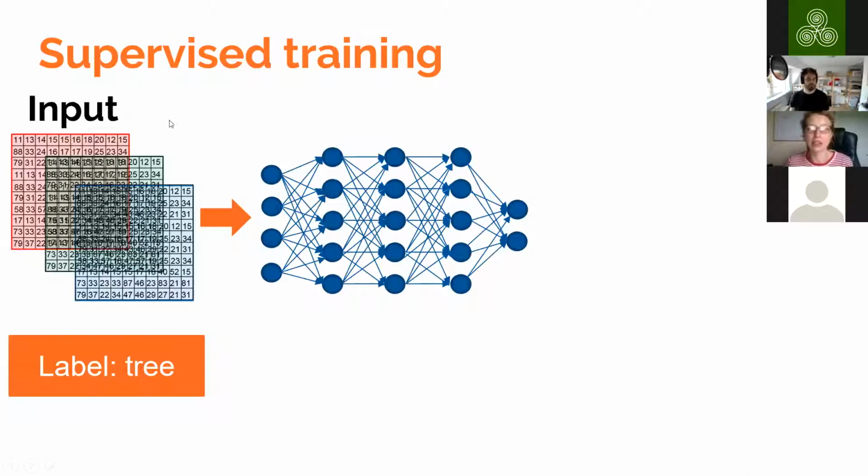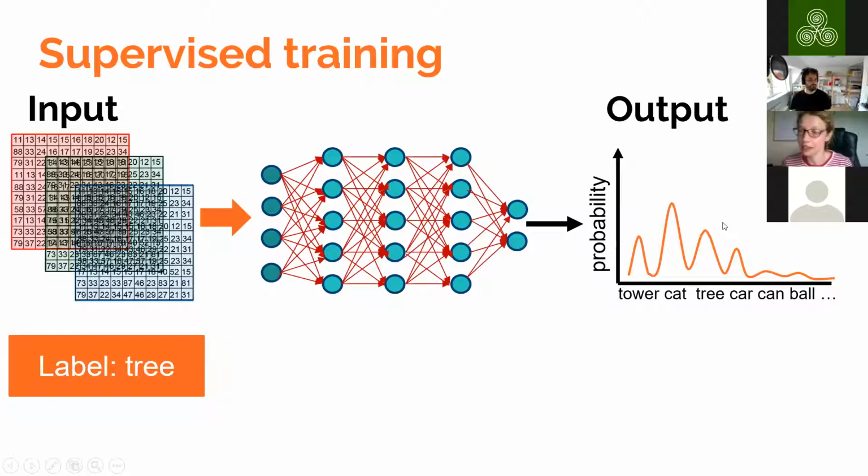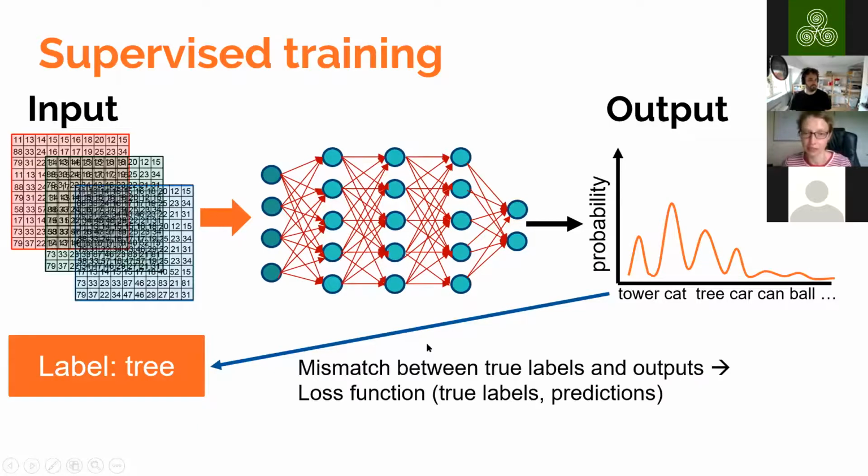So basically, you send that input array, which is your image, to your network, and it propagates through all these neurons, from layer to layer, and then you get some output. In the beginning, you get wrong outputs. The program is guessing something. Let's say it is guessing it's a cat. And then it compares its guess to the true label, because we also send a true label. We say it's a tree.